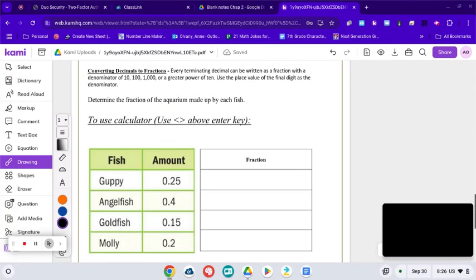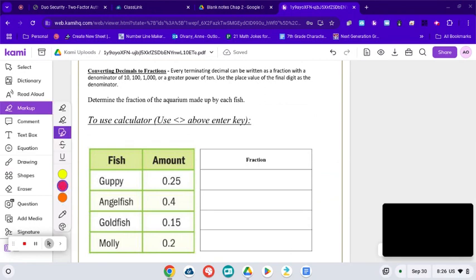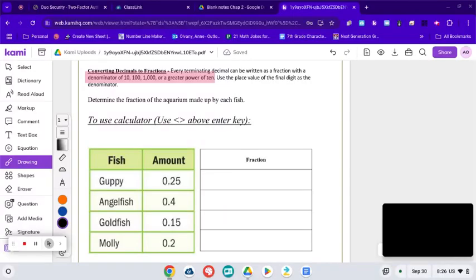Okay, so again, reading up top what we have here, we can use a denominator of 10, 100, 1,000, or greater, any power of 10, because our place values match that. So as a review, decimal point, the first place after the decimal point is the tenths, and then the hundredths, and then the thousandths, and then of course the ten-thousandths and the hundred-thousandths and the millionths. It goes on and on.